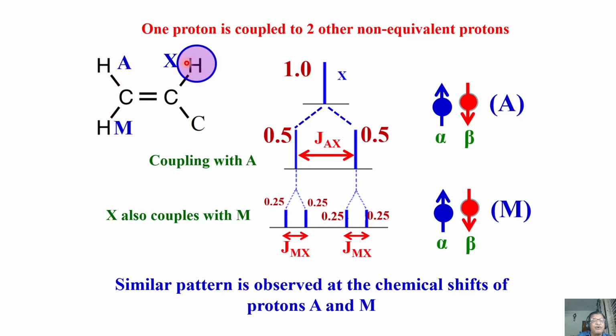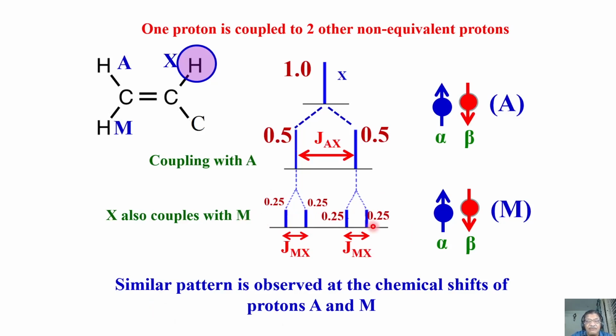This proton experiences two different couplings. Similarly, this proton experiences, this coupling may be the same, but this coupling is different. So you get four lines of equal intensity, but the pattern may not be the same.